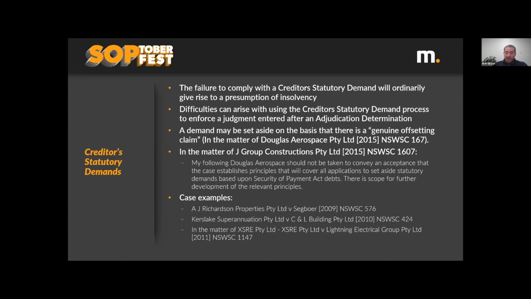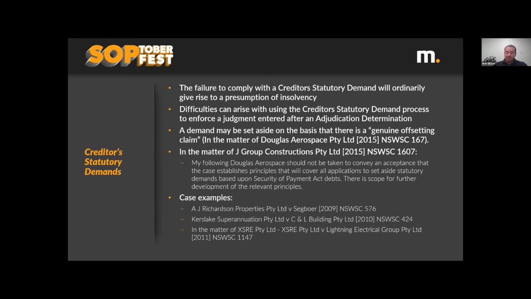And ultimately, the court said that even though it was a fairly low bar to establish that there was a genuine offsetting claim, XSRE hadn't met that threshold in these circumstances.